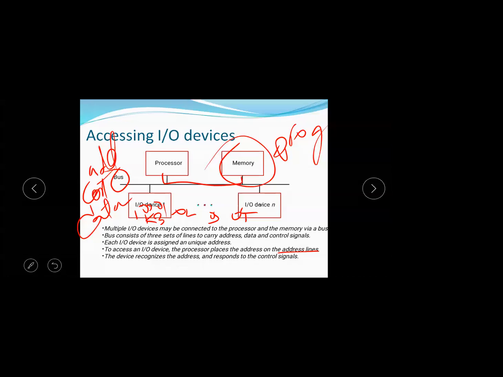If the processor wants to communicate with the keyboard, then the keyboard address 1001 is placed on the address line. In the bus there are 3 lines: address line, data line and control line. Through these, the processor communicates with the keyboard device.